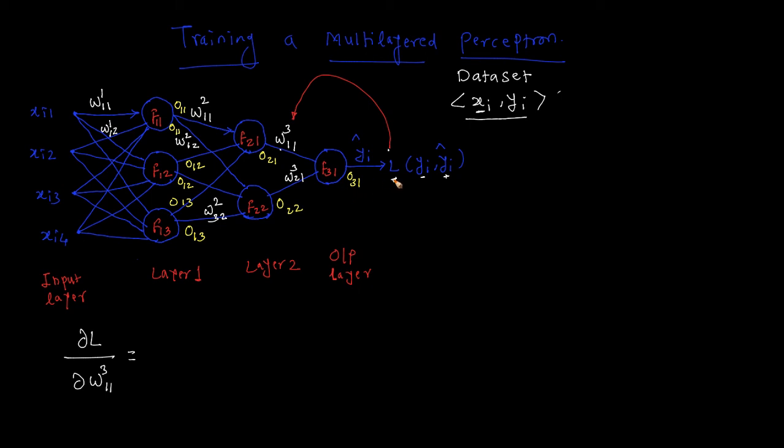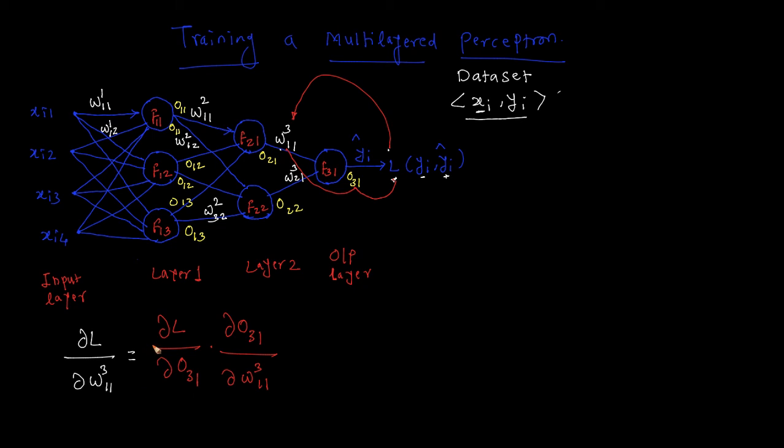So derivative of loss with respect to W311 is equal to derivative of loss with respect to O31, times derivative of O31 with respect to W311.